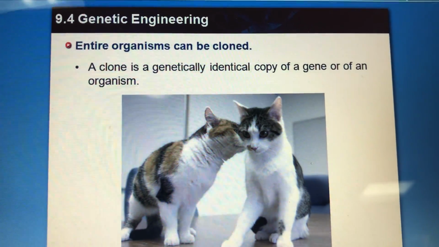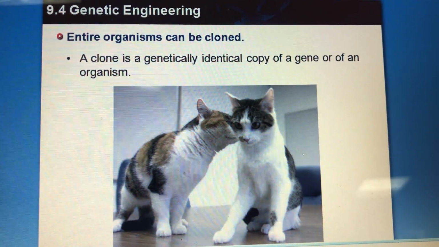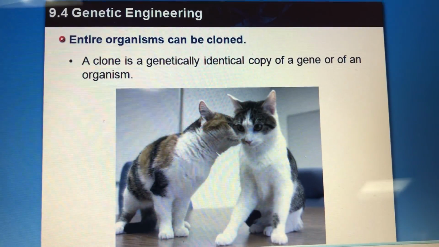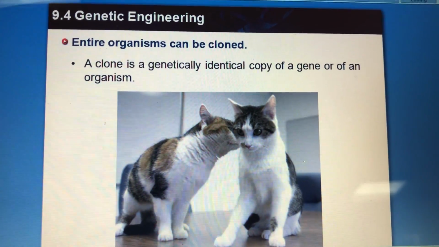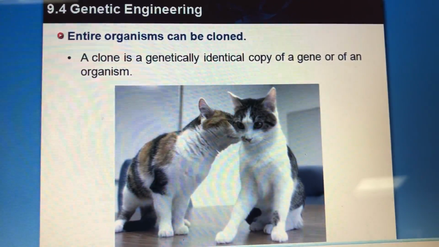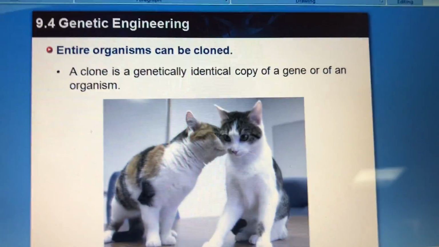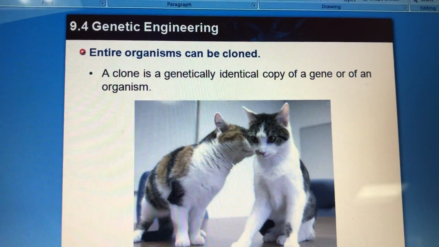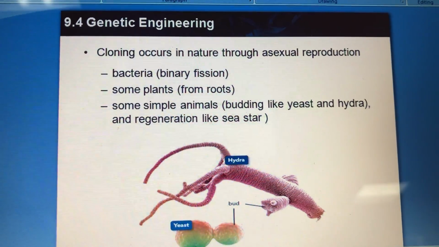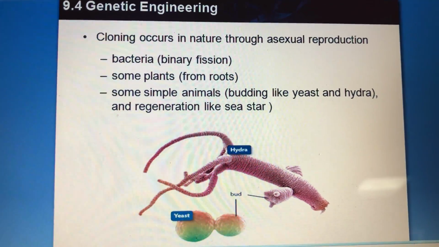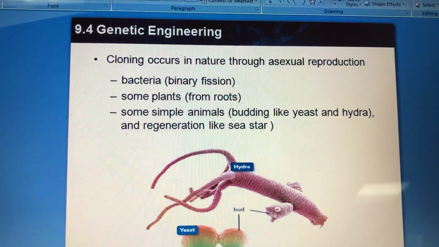And a clone is a genetically identical copy of a gene or of an organism, okay? The first cloned animal was Dolly the sheep. First of all, we should know that cloning occurs in nature through asexual reproduction.